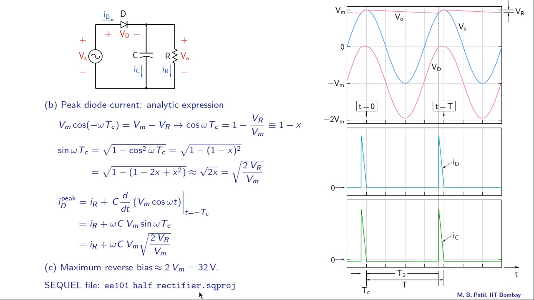Here is the SEQUEL circuit file, so you can run the simulation and check whether you get all of these results given here. You can also change some of these component values. For example, you can make this capacitance double of what it is now, predict what the new ripple voltage is going to be, what is the new peak diode current, and so on, and then check with the simulation results whether your predictions are correct.